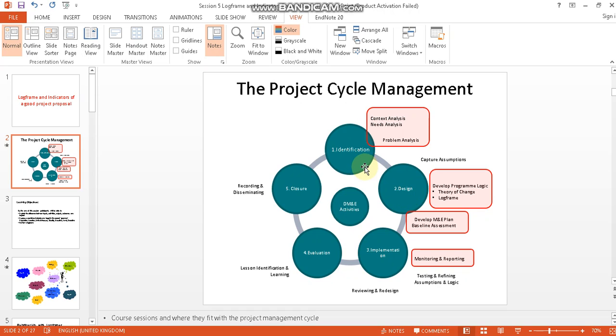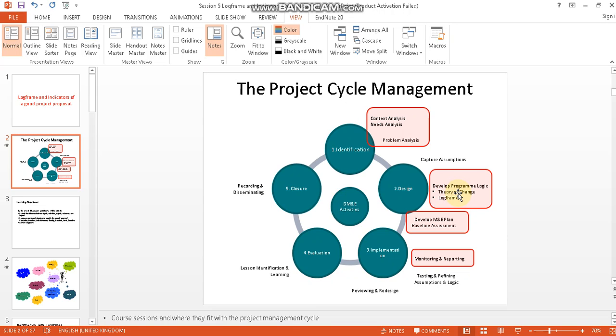But both the identification stage and design stage should be consultative. Community's voice, community's representation is really important to correctly, rightly design the project proposal. Here, theory of change is vital, and then log frame is another vital aspect of the project design.